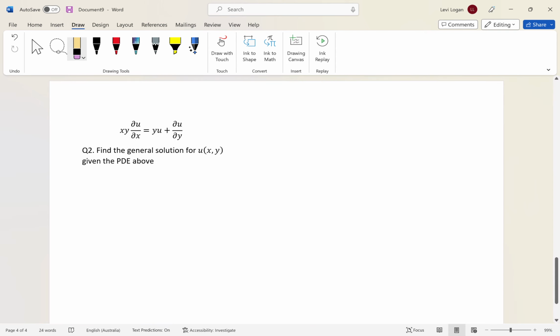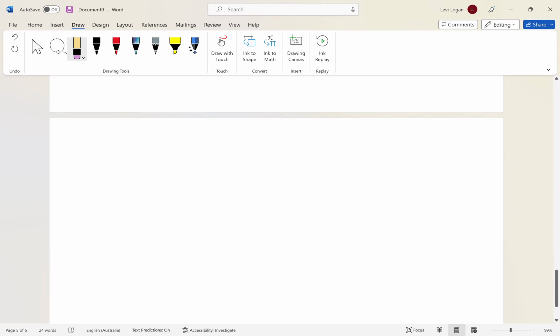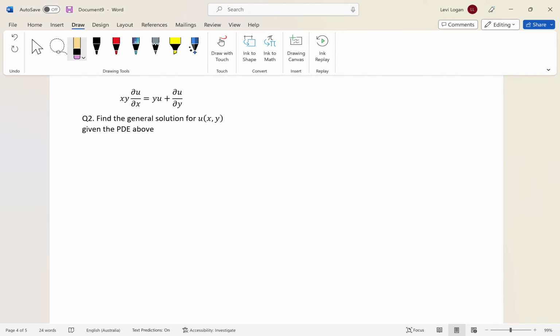Before I get started, I'm just going to make sure I have enough room to complete all the algebra and calculus I'll perform. Find the general solution for u of x and y given the PDE above. Using separation of variables, I want you to find u of x and y for this partial differential equation. Feel free to pause the video and have a go at it.